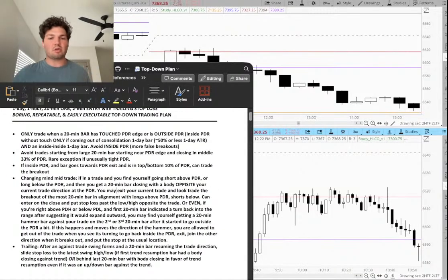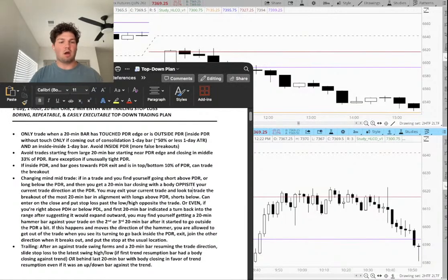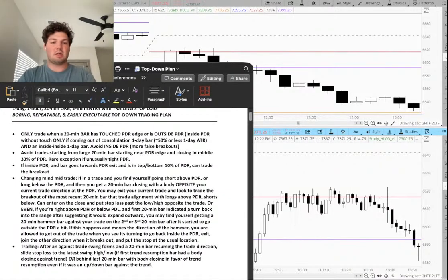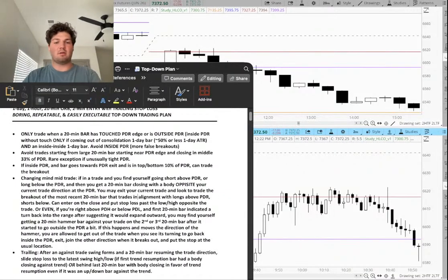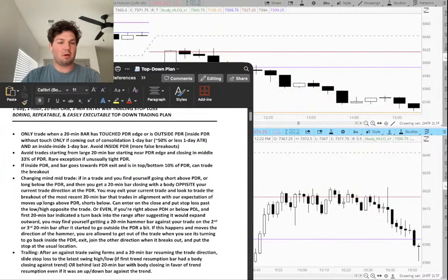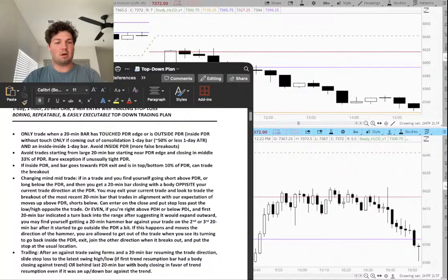You may exit your current trade and look to trade the breakout of the most recent 20-minute bar that trades in alignment with our expectation of longs above PDR and shorts below.